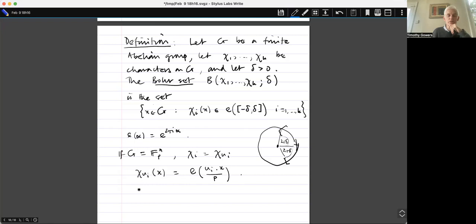So if delta is less than 1 over p, then chi_{u_i}(x) belongs to e([-delta, delta]) if and only if u_i dot x over p belongs to [-delta, delta], sort of mod 1, let's say.